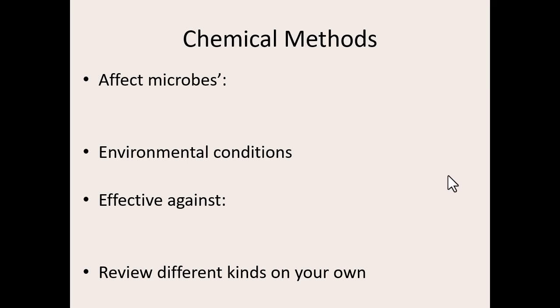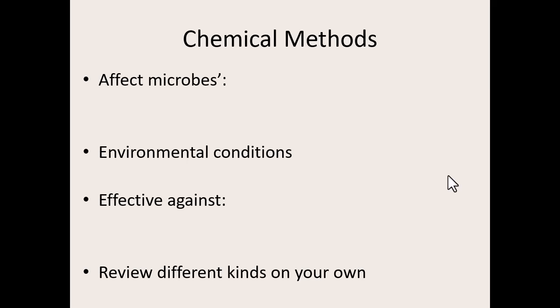So we're trying to add a chemical that's going to affect one of those parts of the microbes. We again still have to consider environmental conditions because bleach is going to work differently in different temperatures. It's going to work differently in different humidity levels. But we do have chemicals that are effective against all microbes. So we do have chemicals that can sterilize.